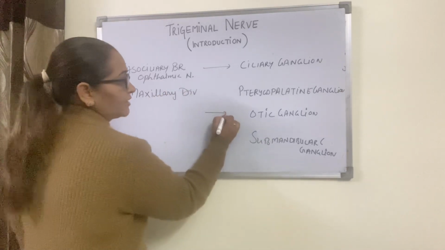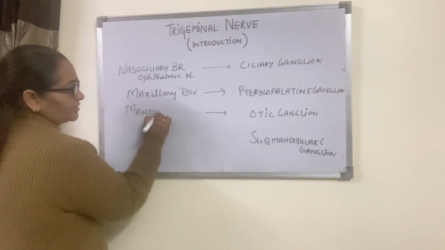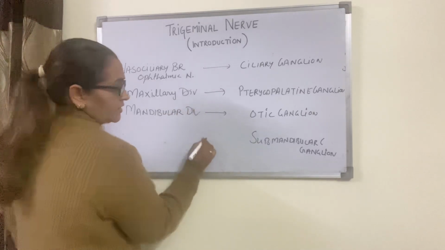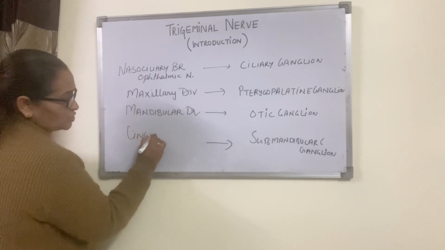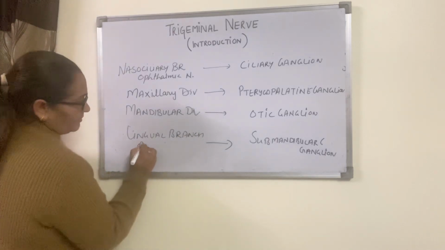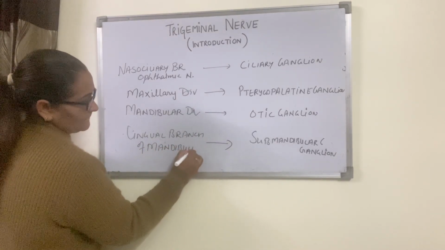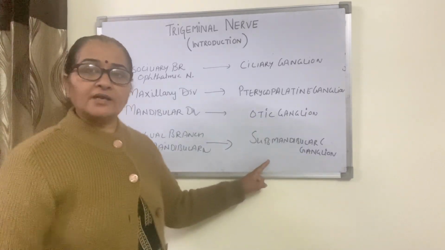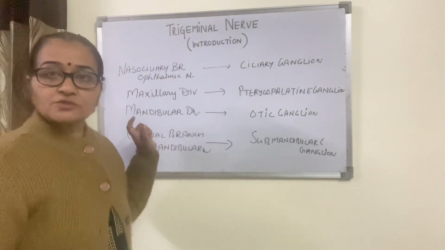Then this otic ganglion is related with the mandibular division of the trigeminal. This submandibular ganglion is related with the lingual branch of the mandibular nerve.